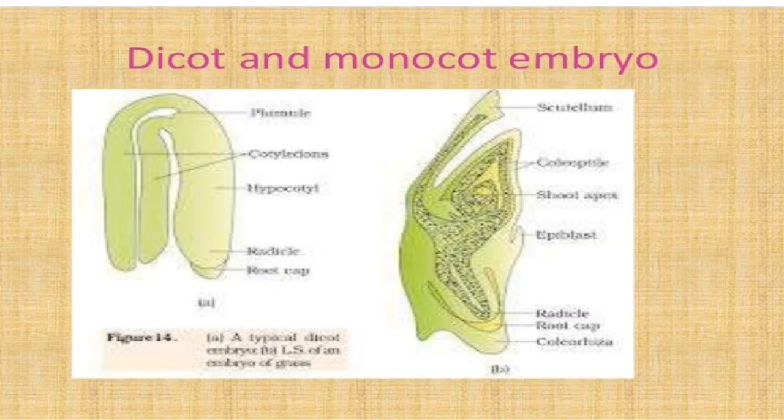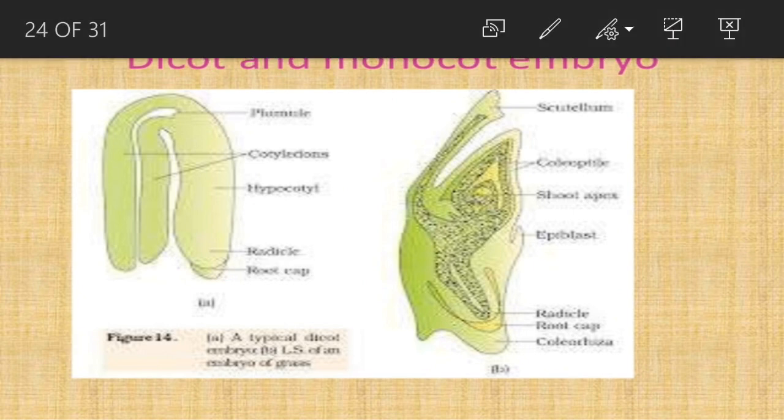Now this is a diagram of dicot and monocot embryo. Here this is a diagram of the LS of an embryo of a monocotyledonous plant, and this is a diagram of dicotyledonous embryo development.